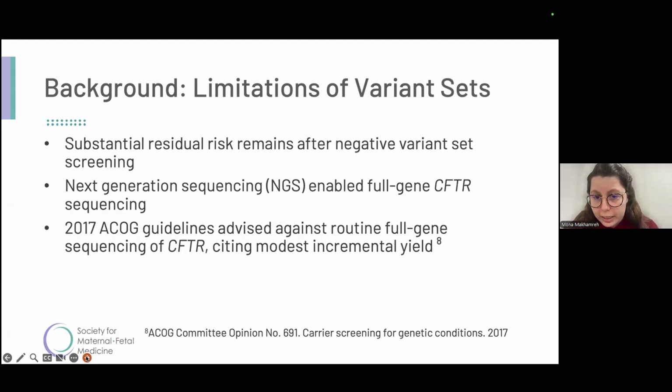Next generation sequencing later enabled full gene CFTR sequencing. And in 2017, ACOG guidelines advised against routine full gene sequencing of the CFTR gene, citing only a modest incremental yield.